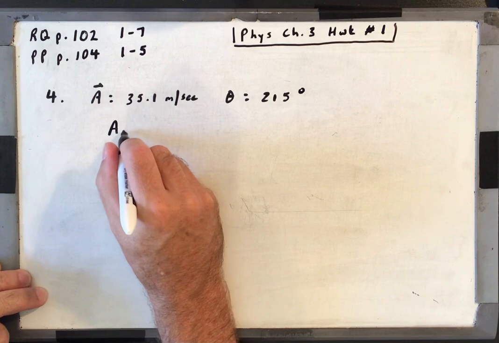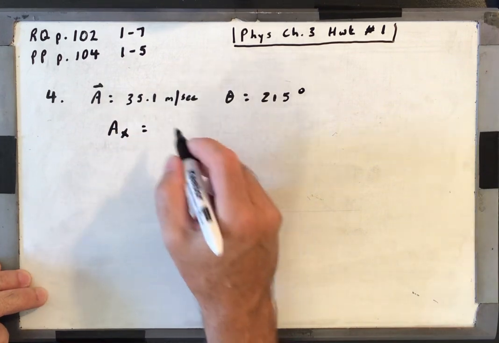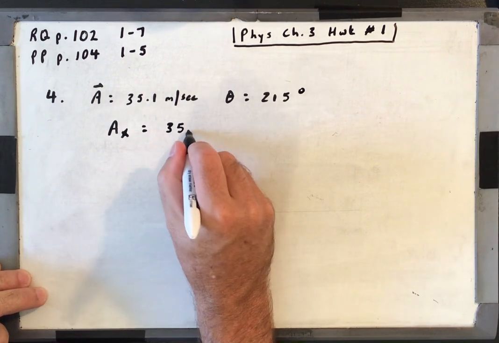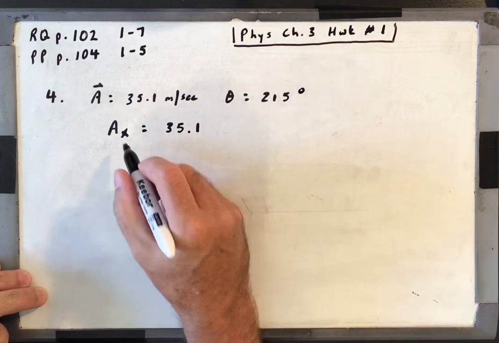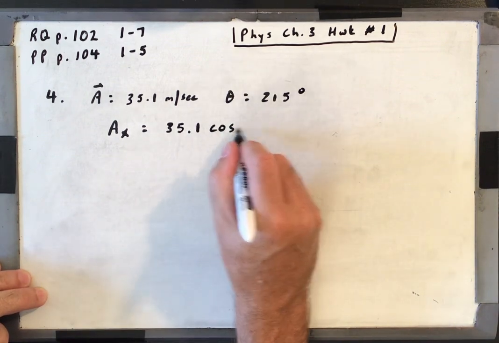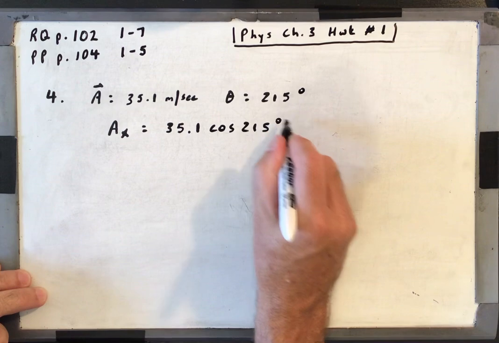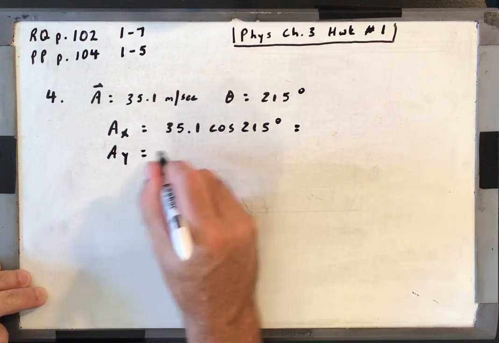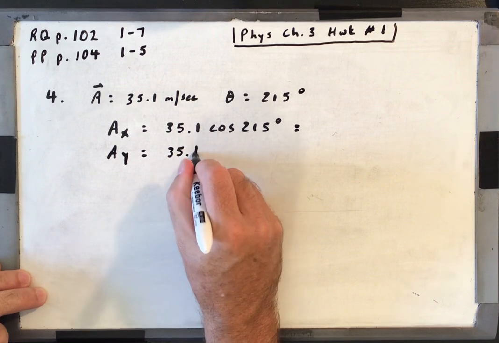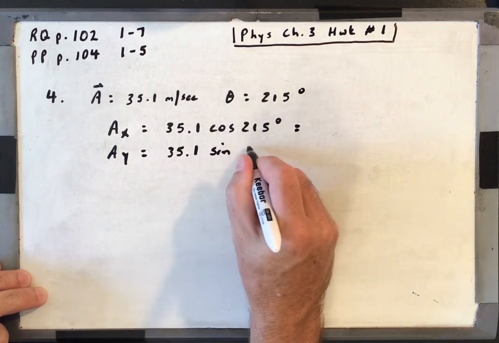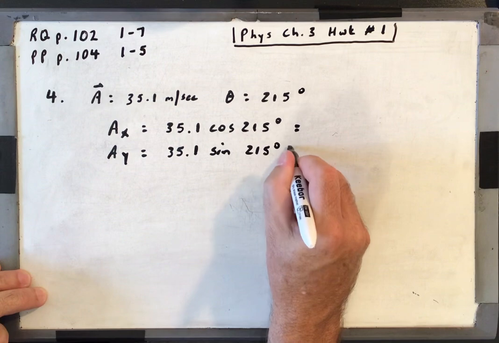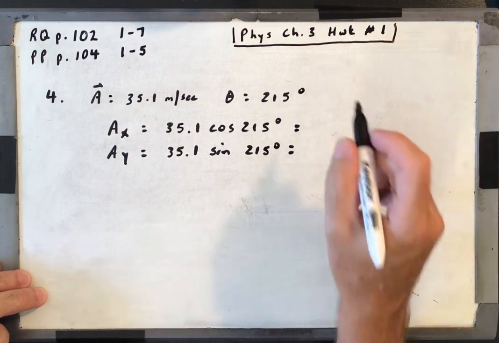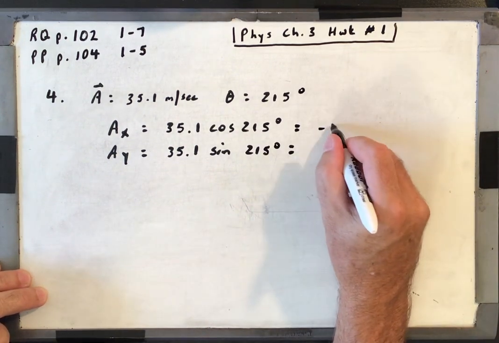So A sub x is going to be the magnitude 35.1 cosine, cosine goes with x, so cosine 215 degrees. All right, and then A sub y, the only thing you have to change is cosine to sine.